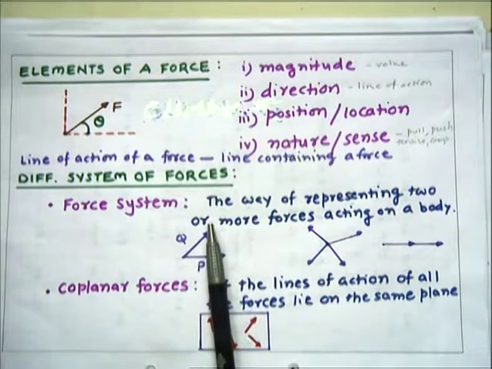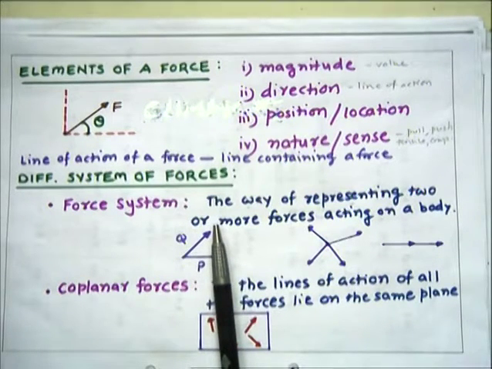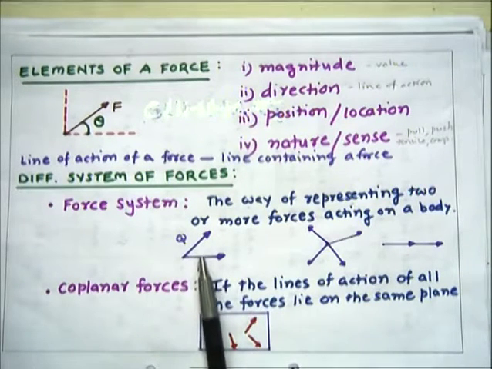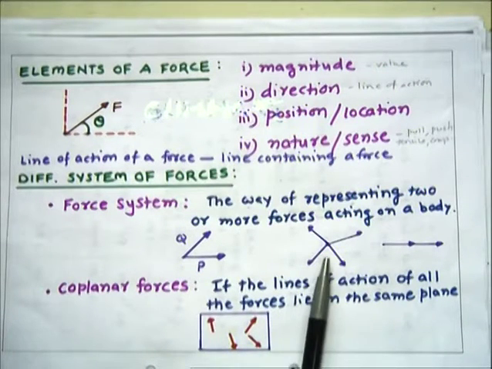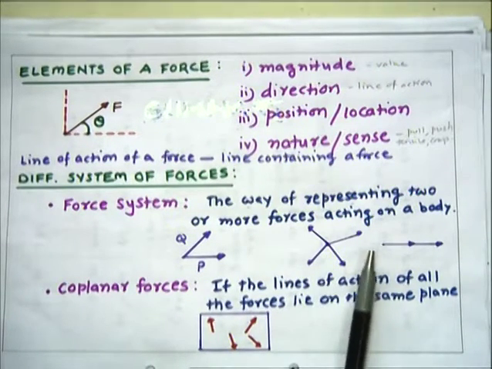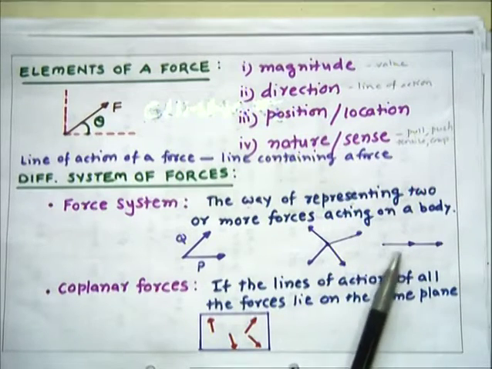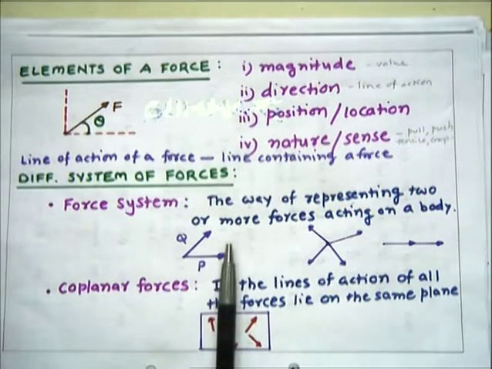Whatever is shown by the forces acting on the body or particle is nothing but a force system. So it may be like this, two concurrent forces acting like this, or two or more than two forces, or it may be collinear forces. So that is a force system.